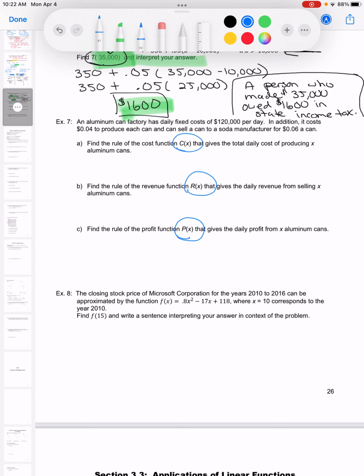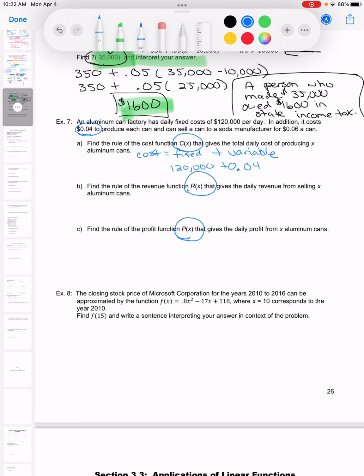a function. So if you remember back, the cost is equal to the fixed cost plus the variable cost. So going into my example up at the top, the fixed costs are $120,000. So I'm going to plug in 120 for the fixed. And the variable, it cost 4 cents or 0.04.